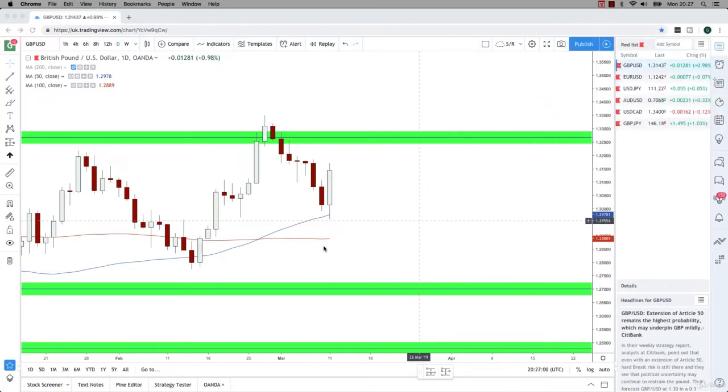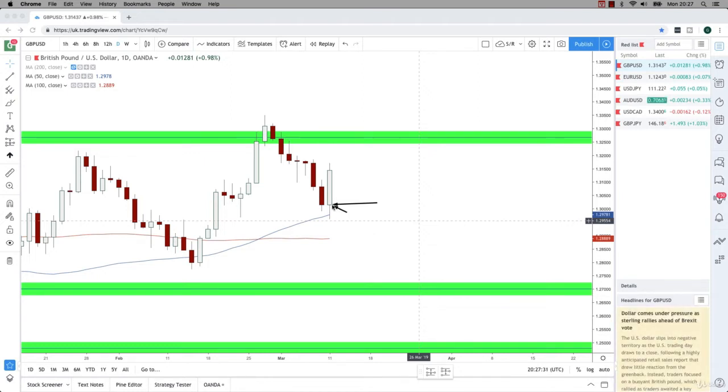Now this is the pound against the dollar on the daily chart. So on the daily chart, it's the pound versus the dollar. Now this candle here, price opened at that level there. So that's just above the 1.30 level.